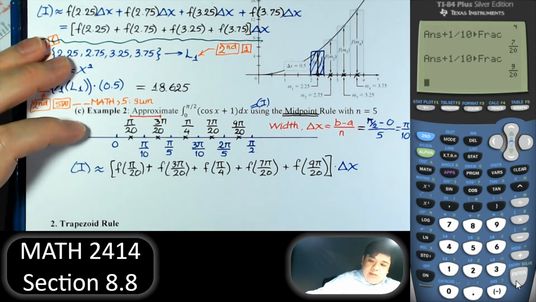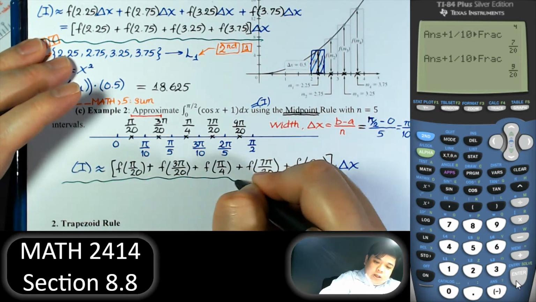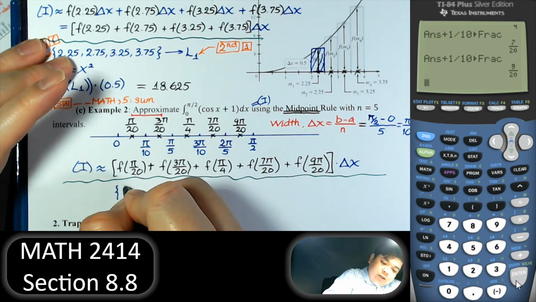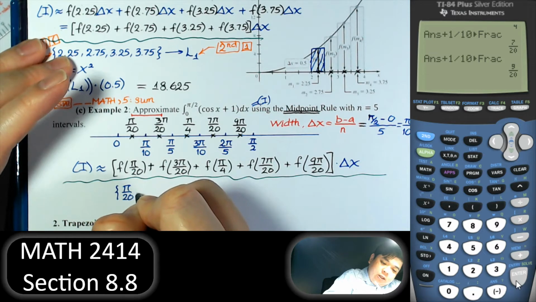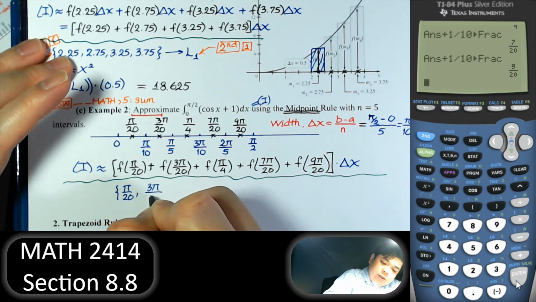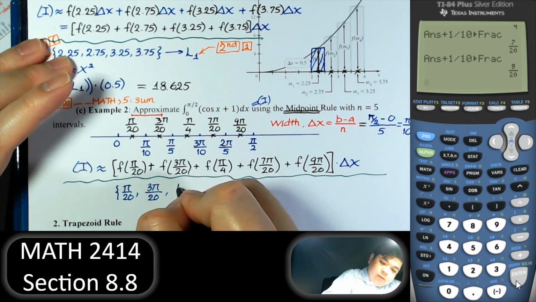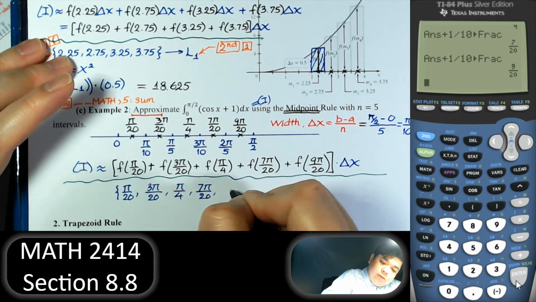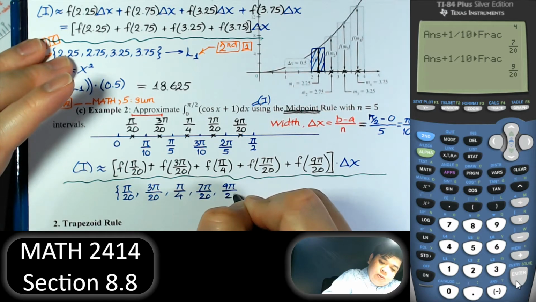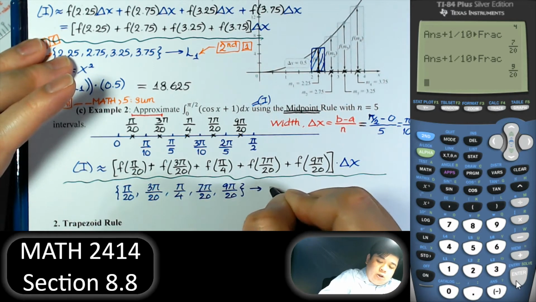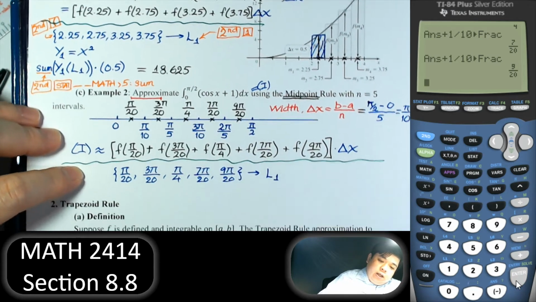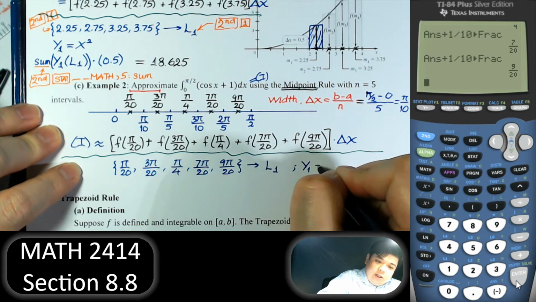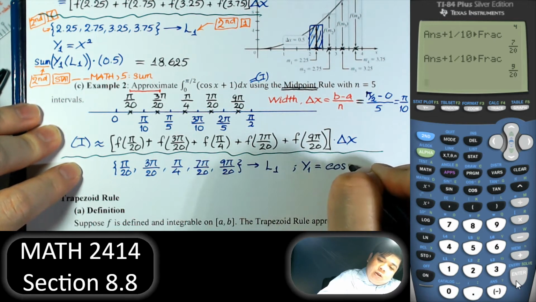Right. We use the calculator though. So we store those values onto a list, and then we say the function is cosine of x plus 1.